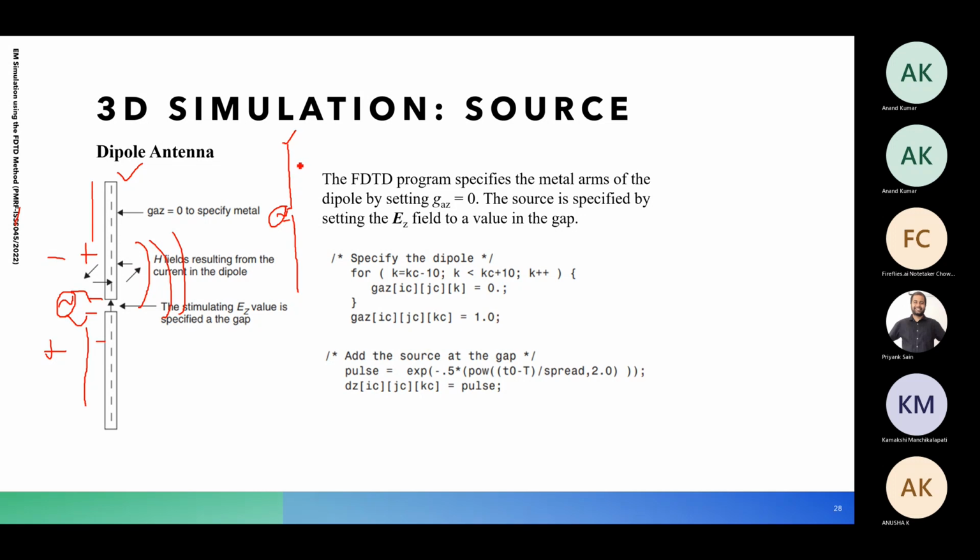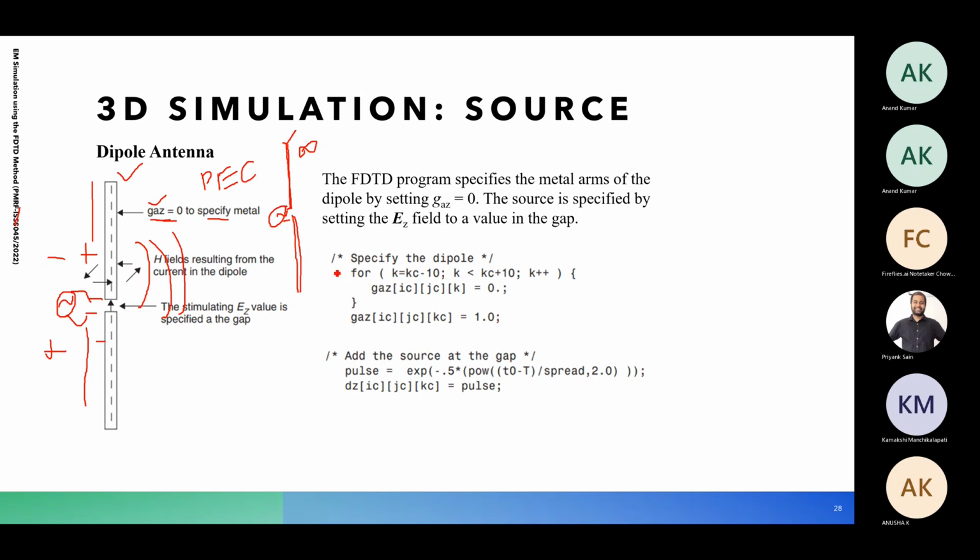You just need to make the conductivity infinite to make a metal inside the simulation space. For that, we make GAZ as 0. Any point where GAZ becomes 0 acts as a PEC. To specify PEC, we make GAZ 0, and that is what we'll do.